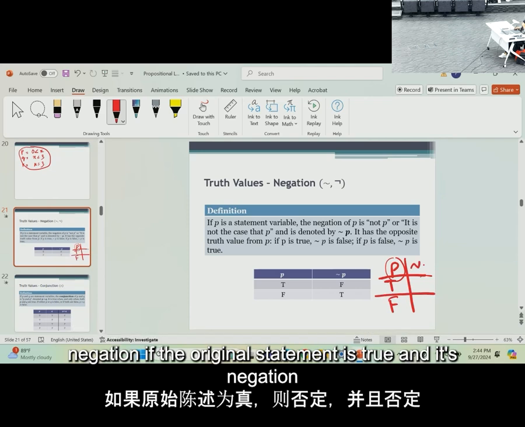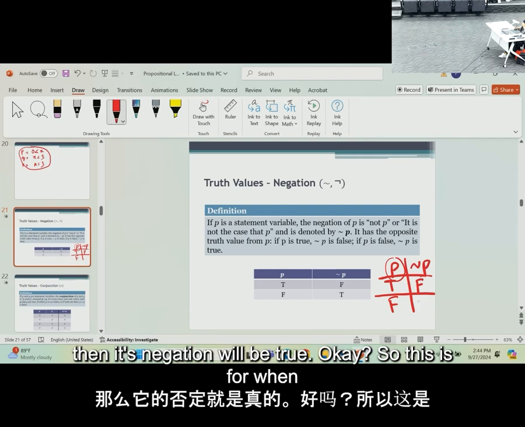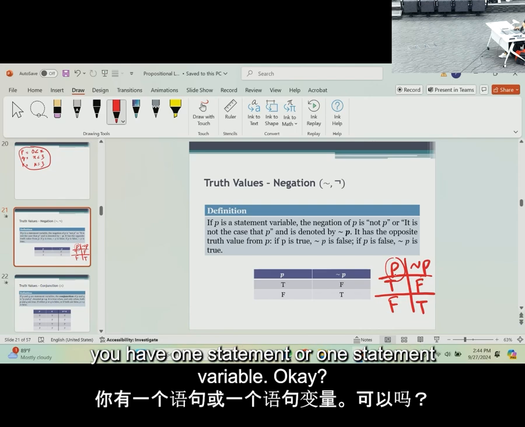And for negation, if the original statement is true, its negation will become false. Pretty intuitive. And if it is false, then its negation will be true. So this is for when you have one statement variable.